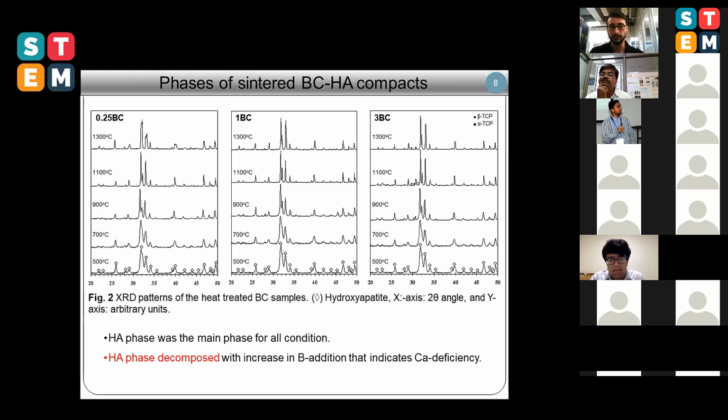In general, hydroxyapatite was the main phase for all conditions. However, with the increase in boron addition and in temperature, because of the increase in crystallinity, we could observe decomposition of hydroxyapatite at the calcium deficiency site.